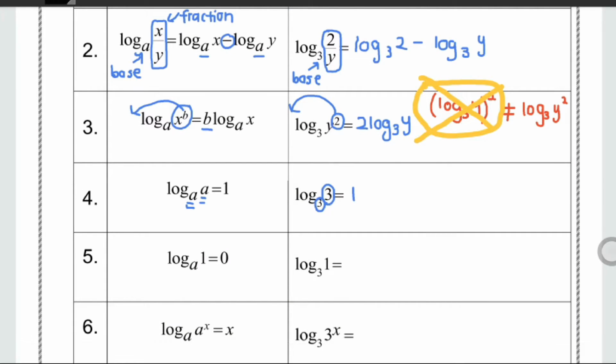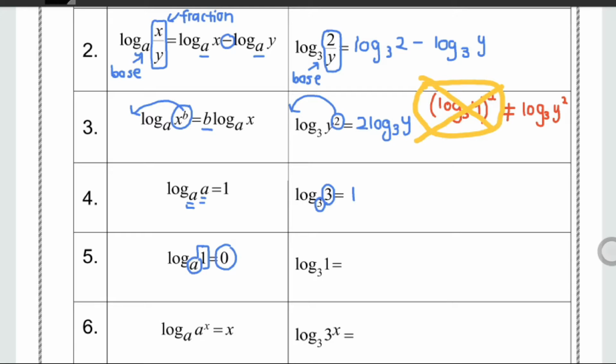For rule number 5, we have log 1 base a equals 0. As we can see here, we have a as the base and 1 as the number or the argument. So whenever we have 1 as the number, the answer will be 0, regardless of what number you have as the base.